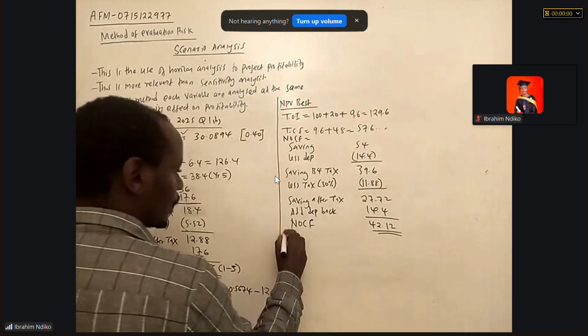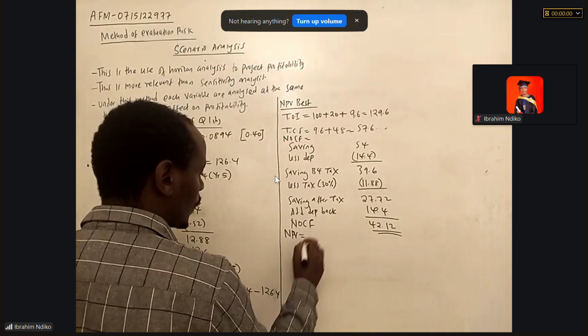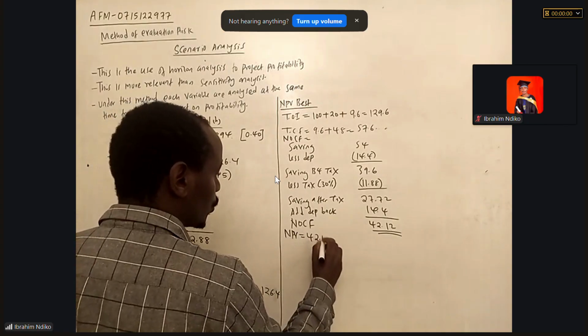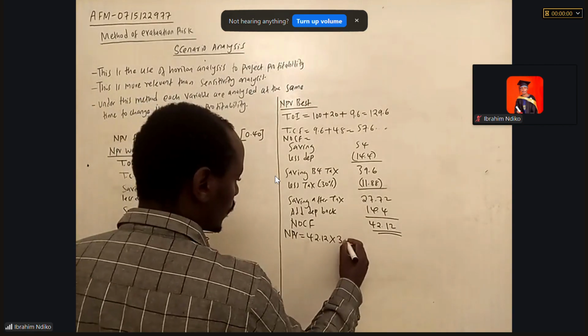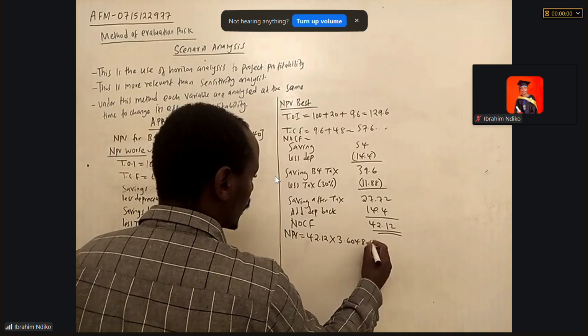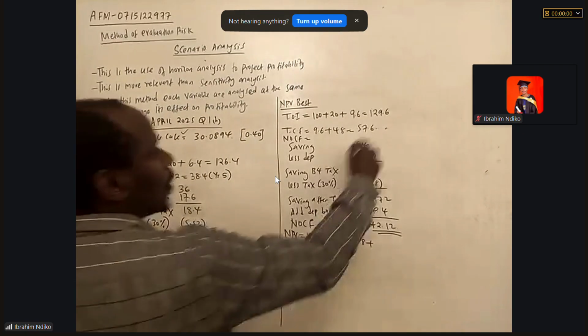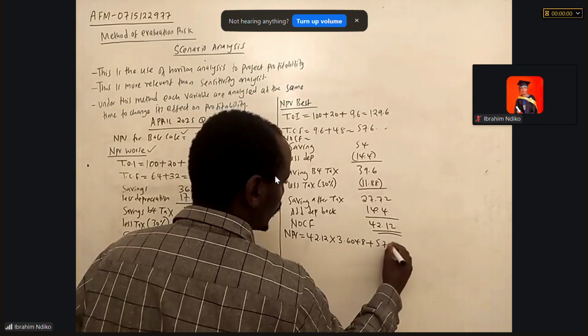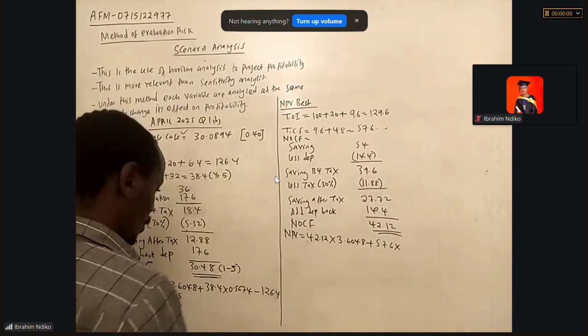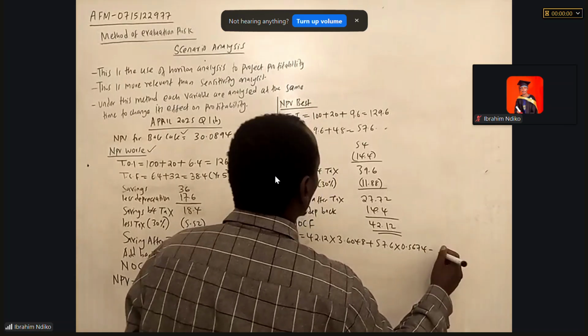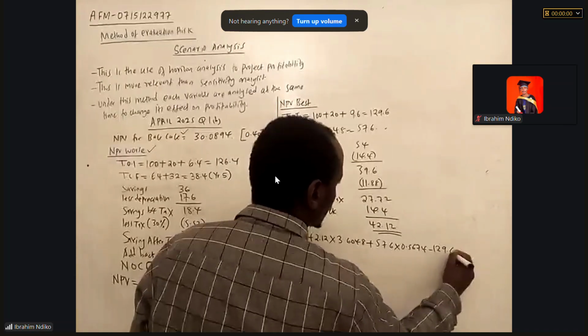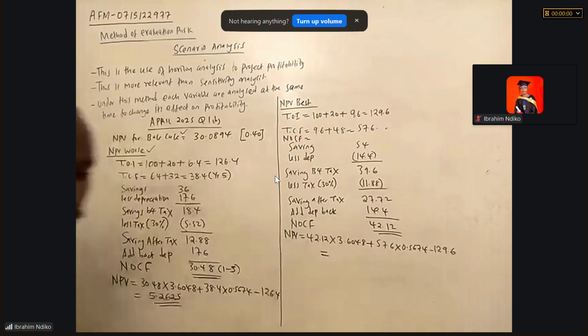So NPV itakuwa ni 42.12 times, so the same 3.6, plus our terminal, which is 57.6 times 2, then we minus 1. So hadi hapo.